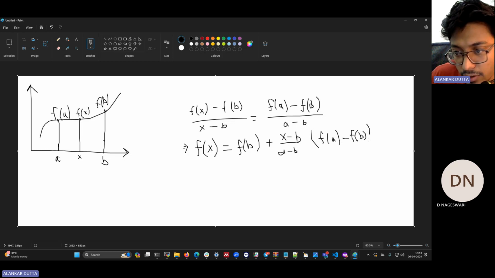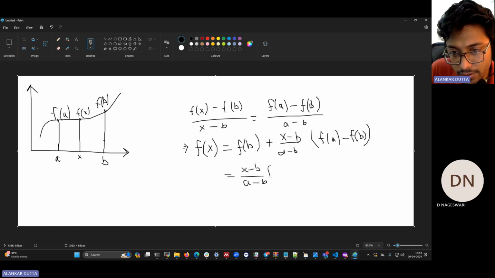Right. So this is the thing that you have to do, and once you get this, you rearrange these terms again. First you collect all the terms with f(a), and then you collect all the terms with f(b). If you collect all the terms with f(a), then it's simple: only this is the one where you have (x minus b) over (a minus b) times f(a).